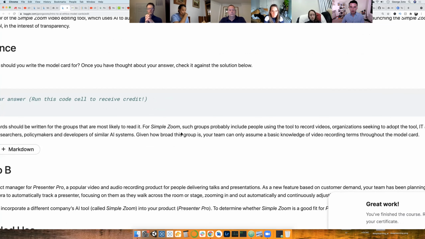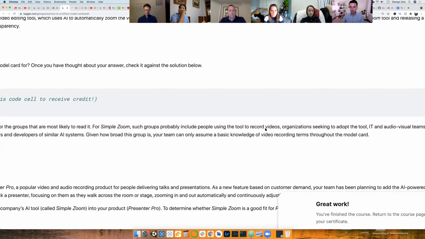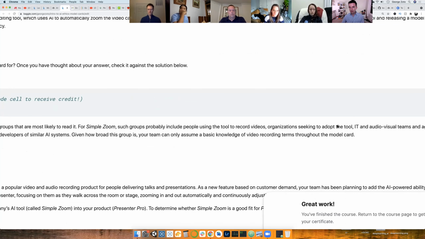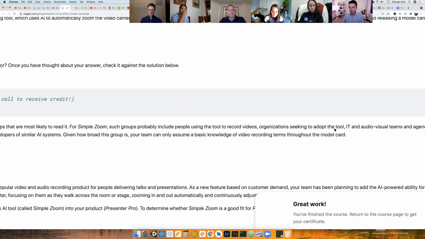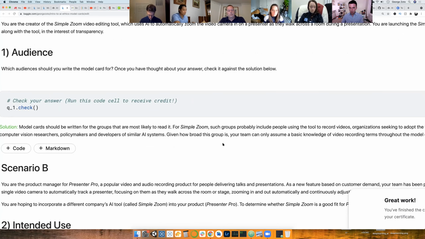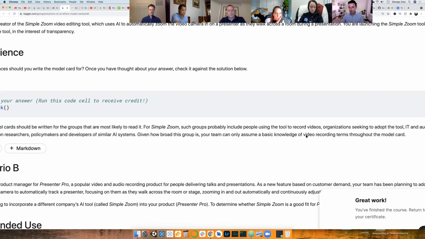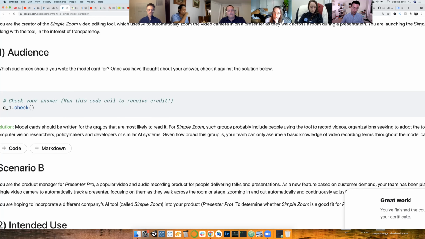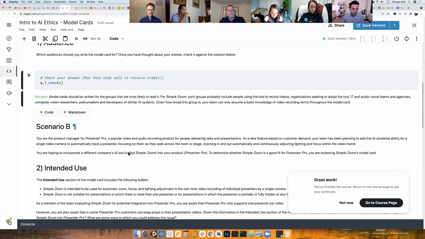For Simple Zoom, such groups probably include people using the tool to record videos, organizations seeking to adopt this tool, IT and audiovisual teams and agencies, computer vision researchers, policymakers, and developers of similar AI systems. This is a broad group, and your team can only assume a basic knowledge of video recording terms. So they don't expect your audience to be super technical in terms of recording capabilities.